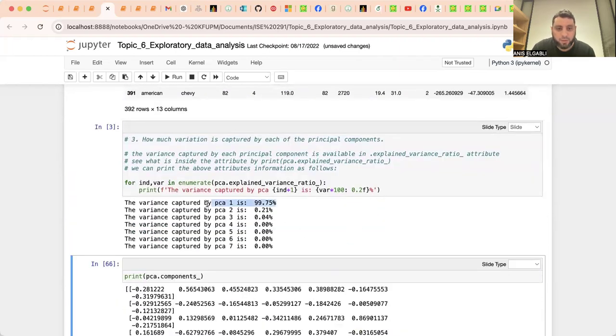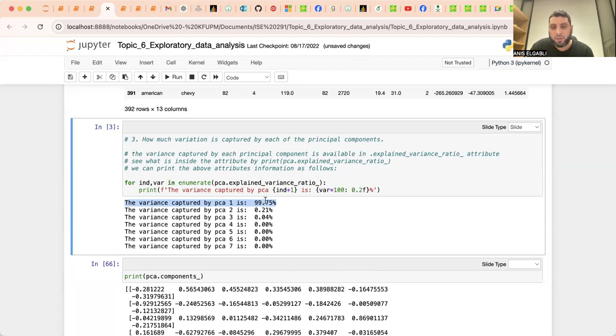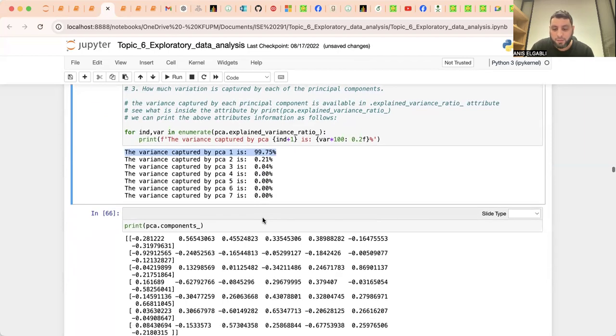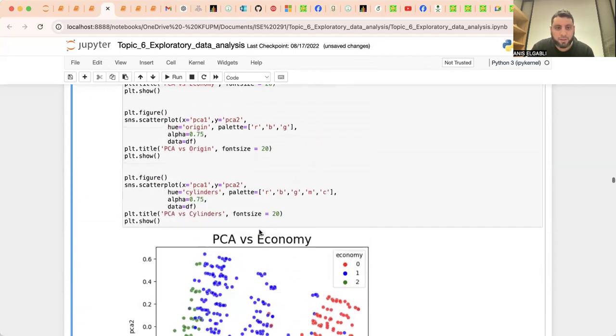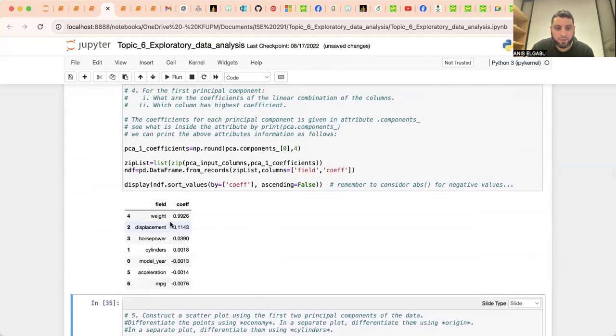The first principal component covers 99.75% of the total variance. In fact, the first principal component is almost the weight feature. This is 0.99, and all of the others are almost zero.